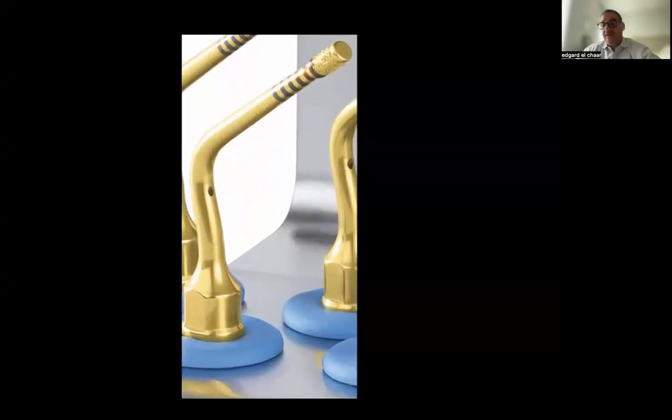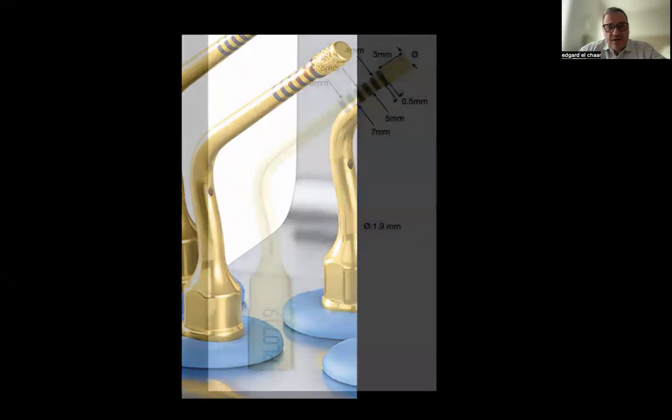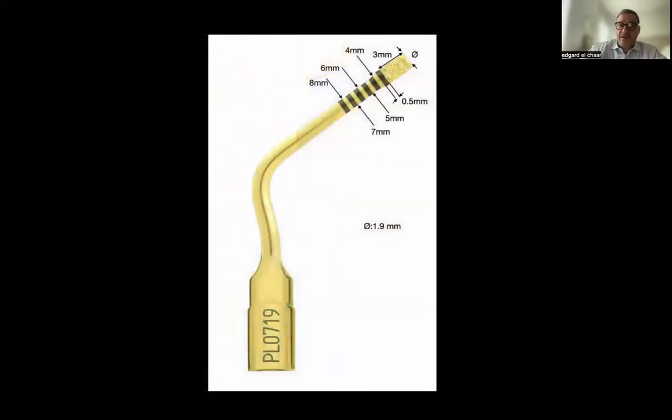So if we take the side cutting, the same measurements apply for all of them. The end part is 3 millimeters, and the first line is at 3 millimeters. Each band is 0.5 millimeter.